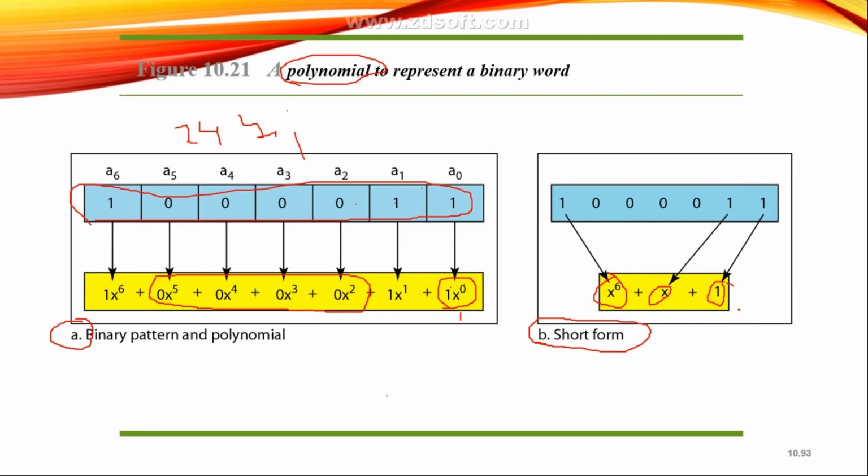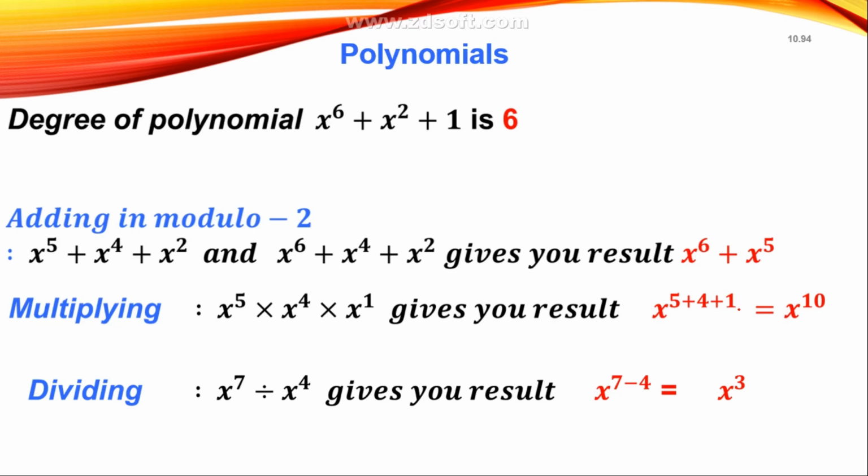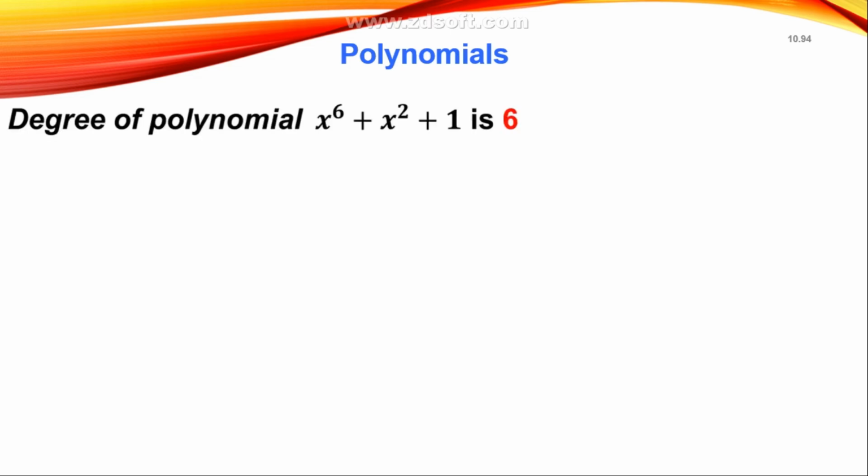Now, let's have a quick review of the polynomial that you already know. Degree of polynomial, guys. Suppose you have the equation x raised to 6 plus x squared plus 1.